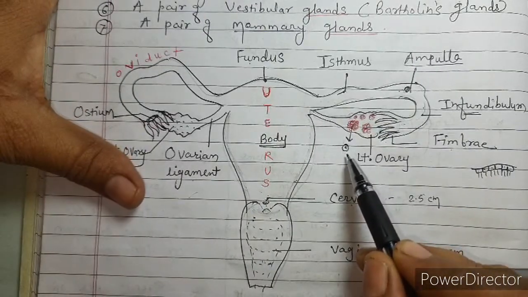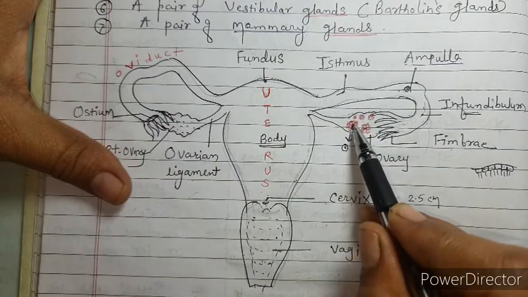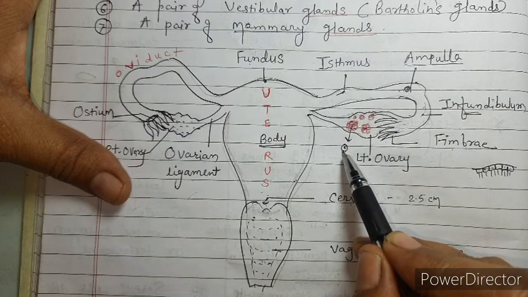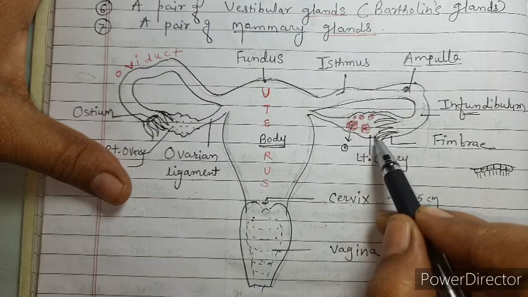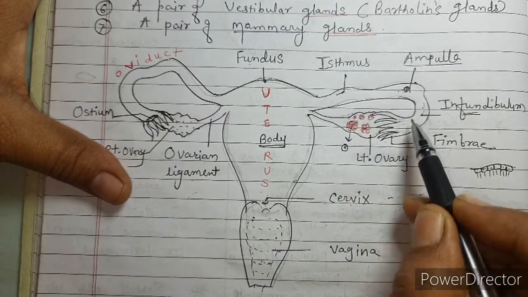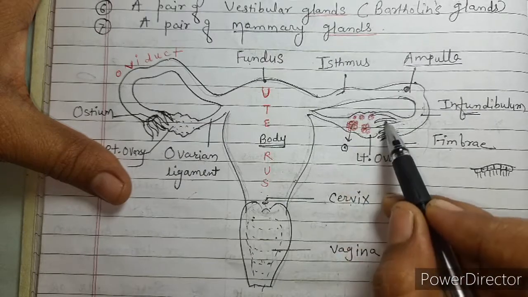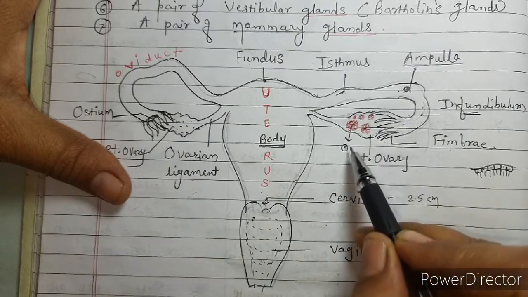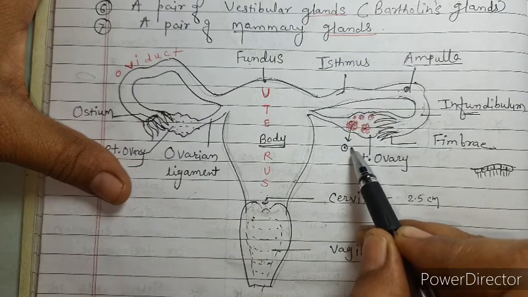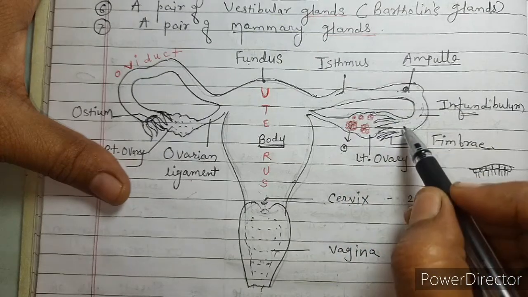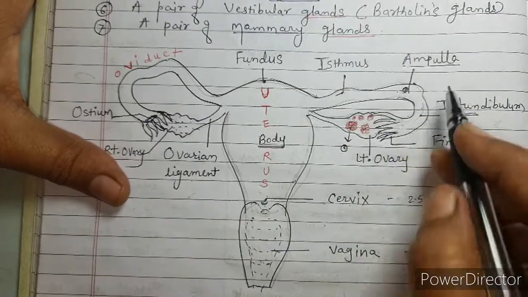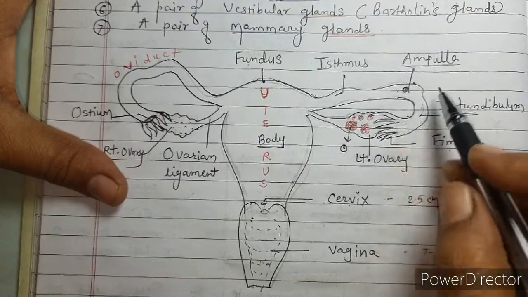Now this secondary oocyte, which is liberated on the 14th day, is directed towards the oviduct and caught by the fimbriae. So the fimbriae catch that secondary oocyte and drive it towards the infundibulum. Here there is an opening called the ostium.